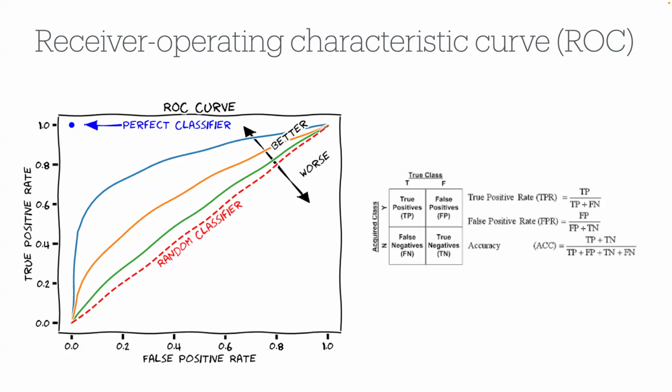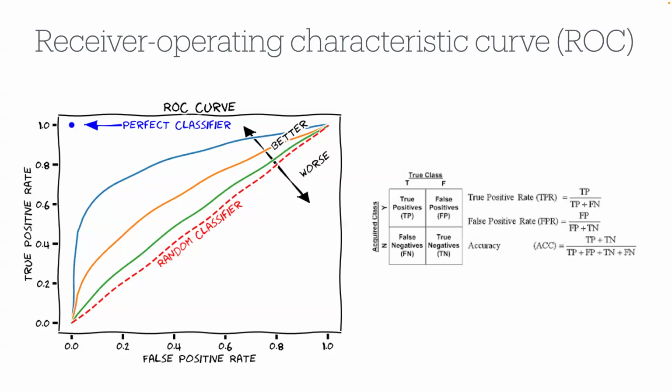But a random classifier is like giving a test to someone who doesn't know anything about the topic, and this person just answers randomly. So this is this dashed red line, basically a random classifier without any training, like a person who hasn't studied for the test.